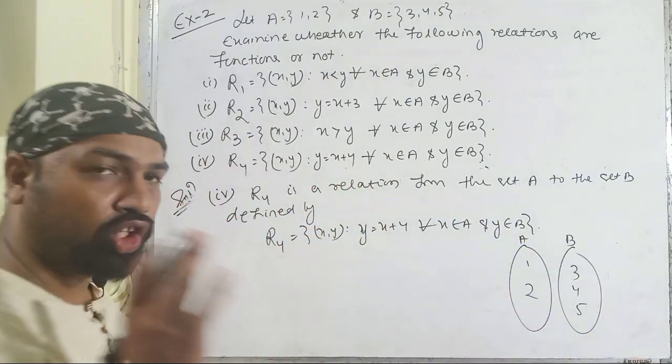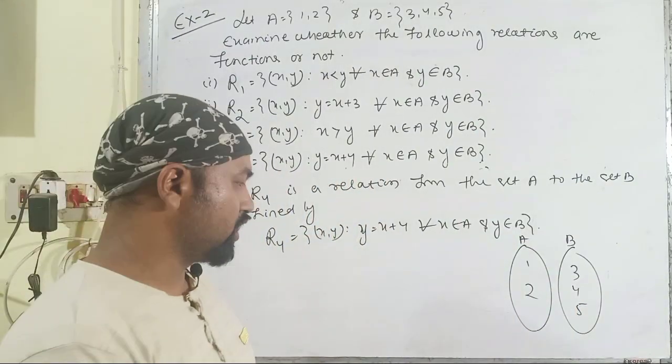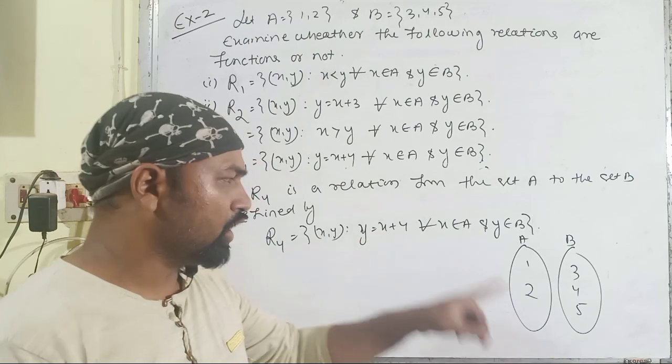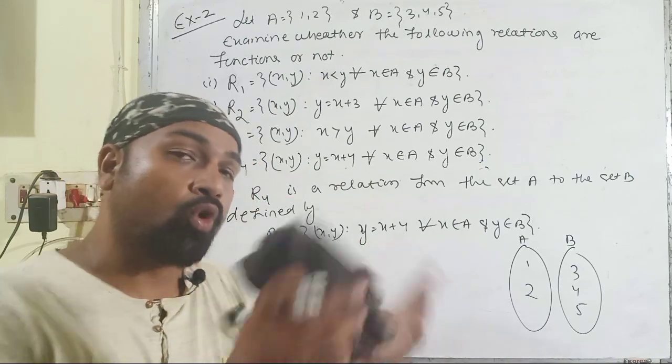We have to collect such ordered pairs in which this condition is satisfied. That means the second term is 4 more than the first term.